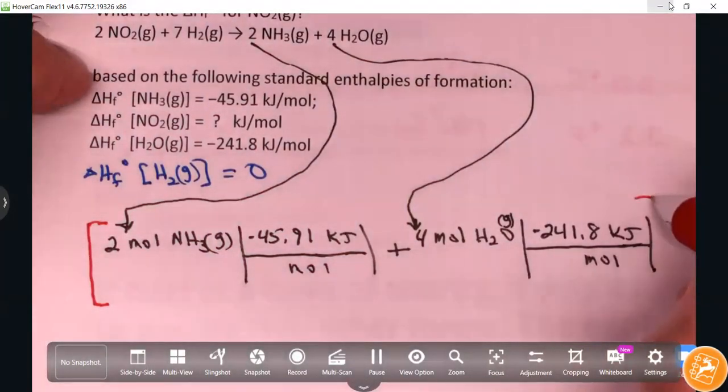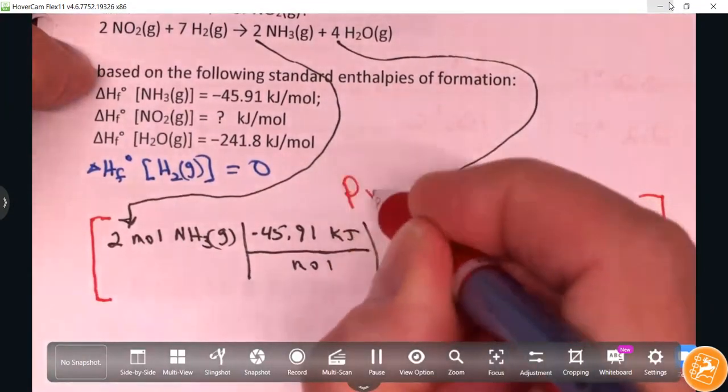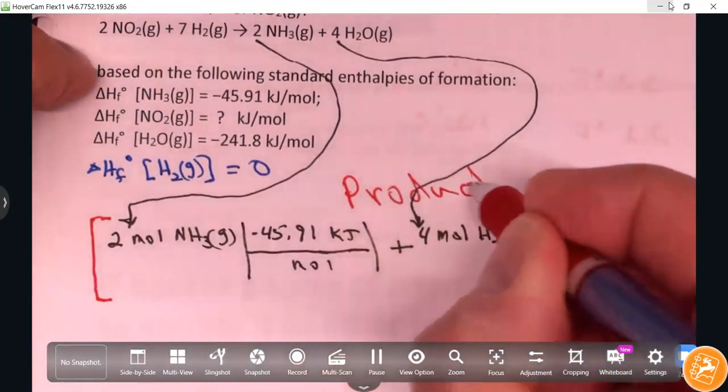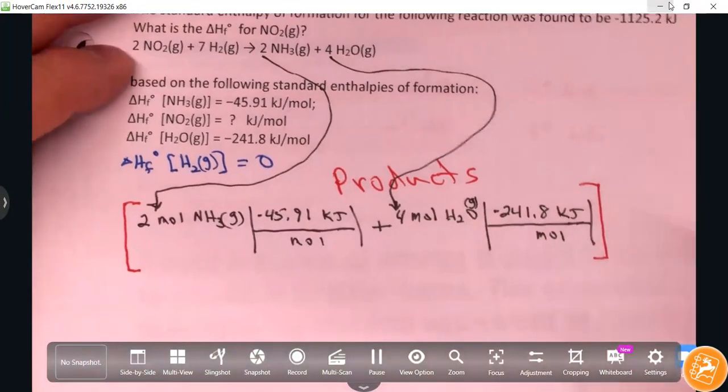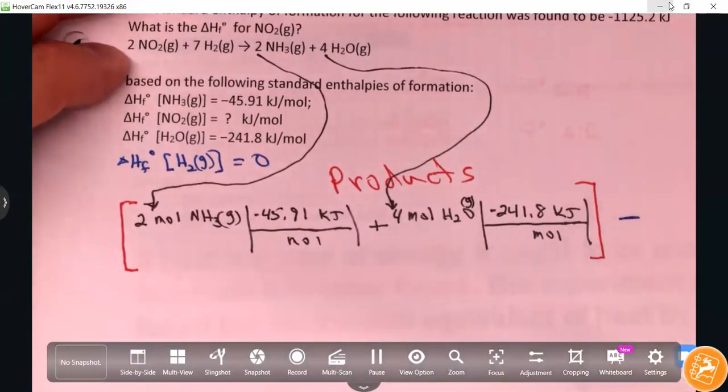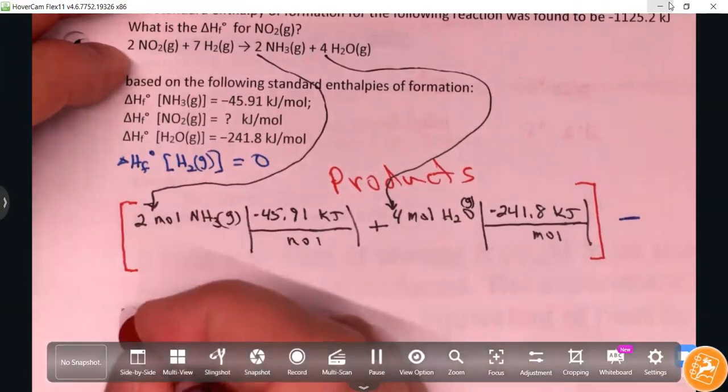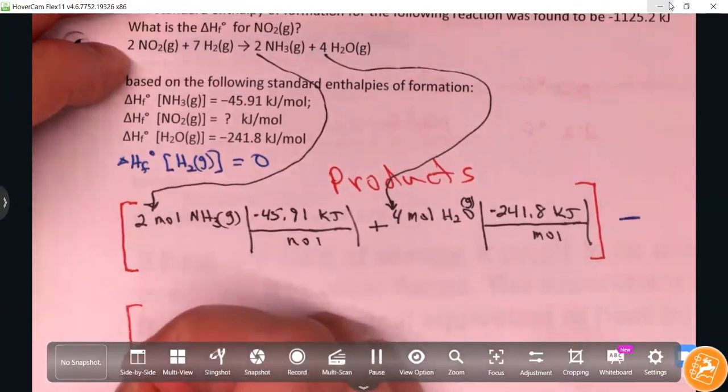So I'm going to close this bracket. Then I know that this is my products. And then we'll go minus reactants here.